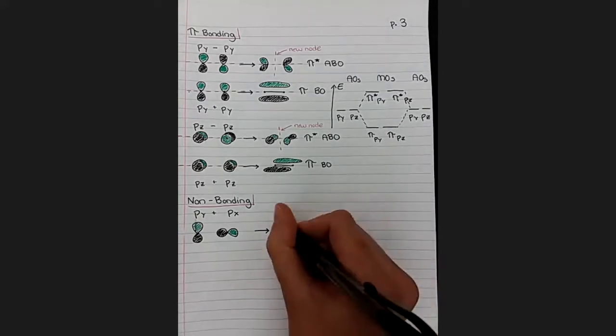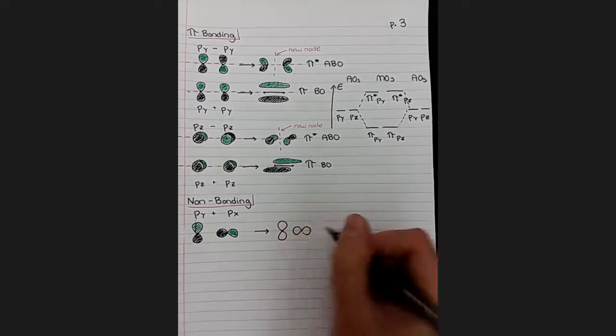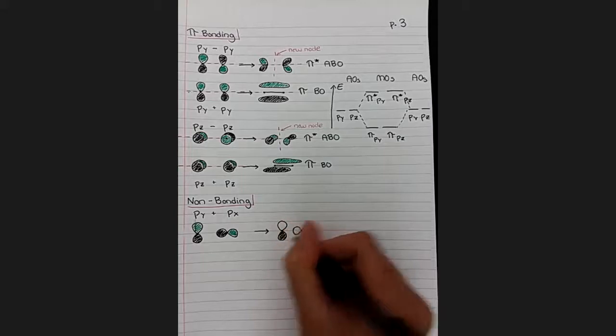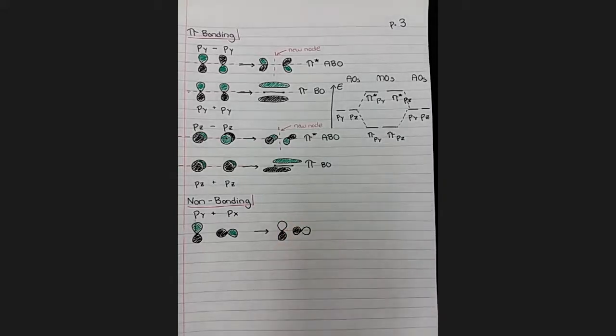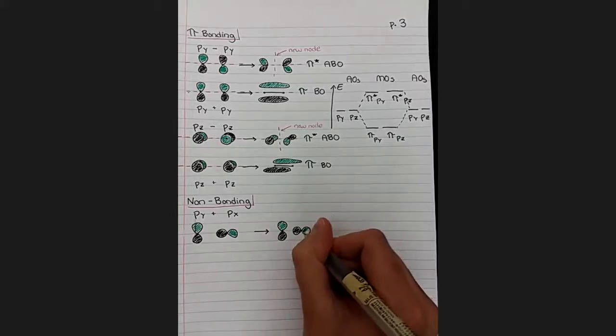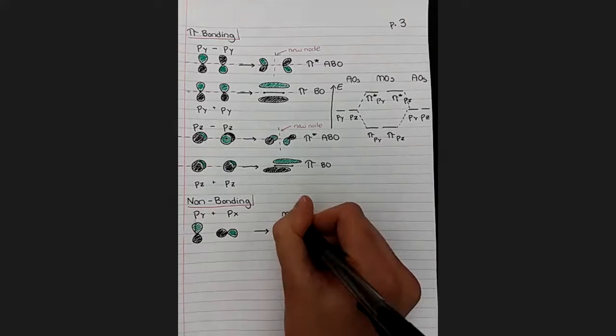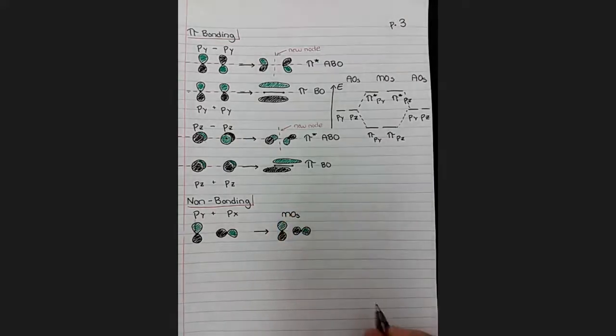So our molecular orbitals are going to look exactly the same as the atomic orbitals that we started with. We said that all valence orbitals are mixed together to form molecular orbitals, so these are still molecular orbitals. They're just molecular orbitals that look exactly the same as the atomic orbitals that they started with.